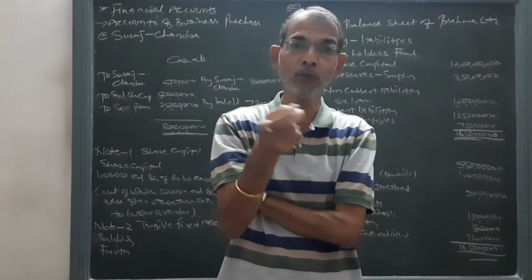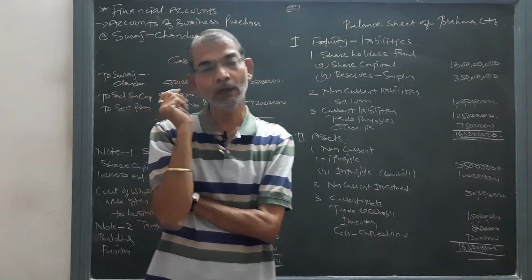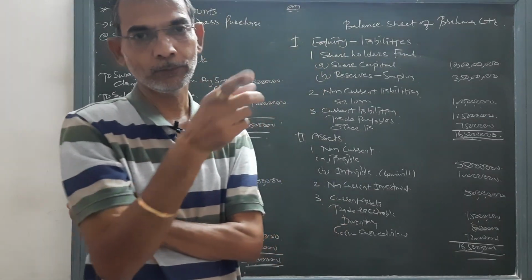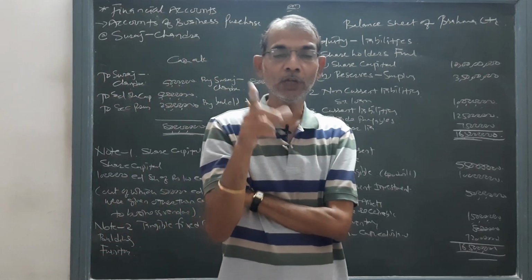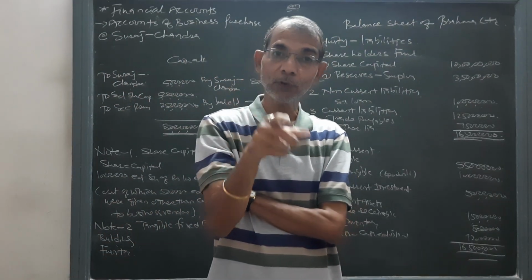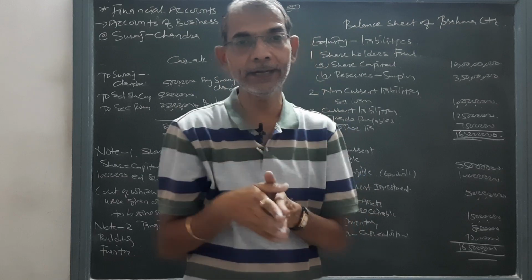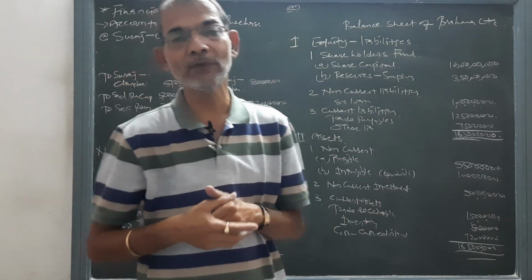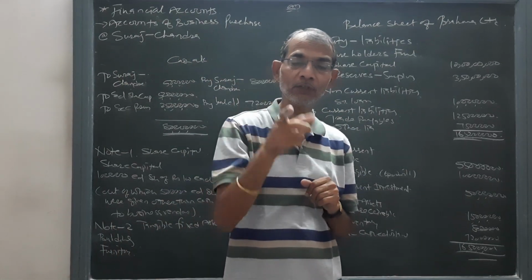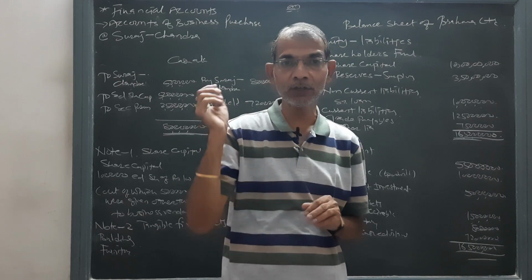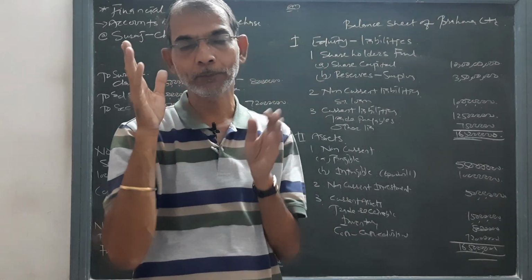So first you have to find net asset, which will be the purchase consideration. Then after we have to write journal, assets will be debited, liabilities will be credited and difference to business vendor. Then after business vendor's account will be debited and what is to be paid will be credited.